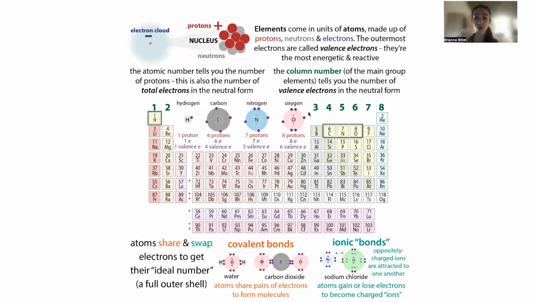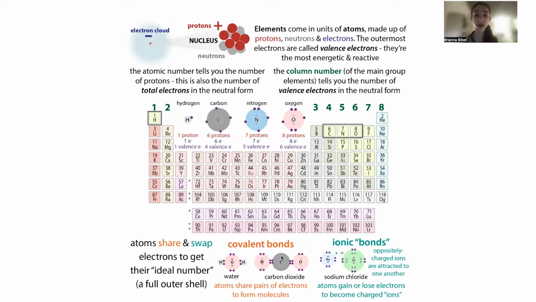how these atoms are going to react, because for reasons outside the scope of this post, atoms will react in a way that will give them their full outer shell of electrons. So you can think of each of these atoms as having an ideal number of electrons. And they can get to that ideal number either by gaining or losing electrons or by forming covalent bonds.